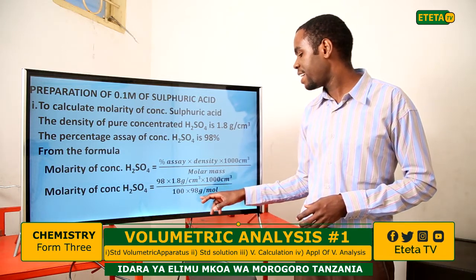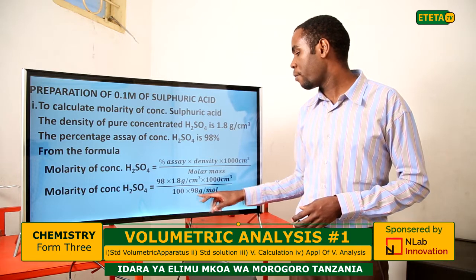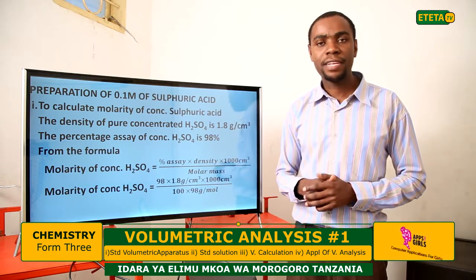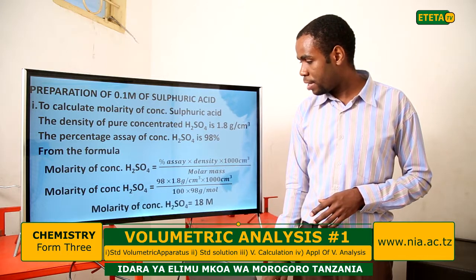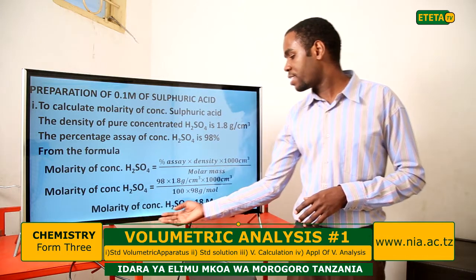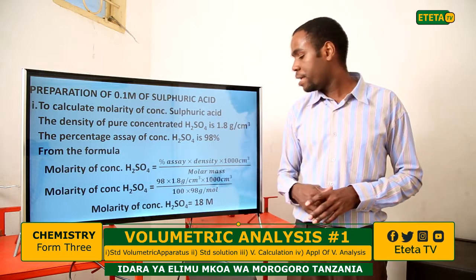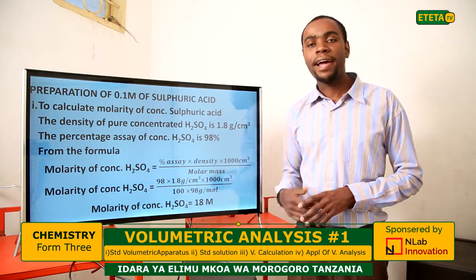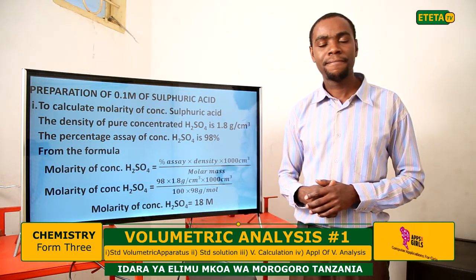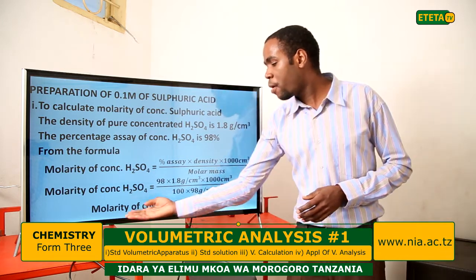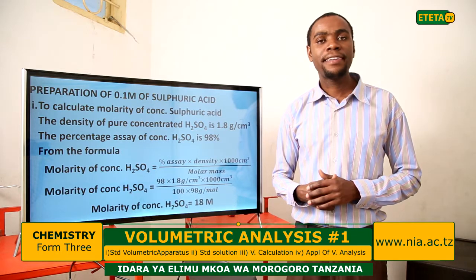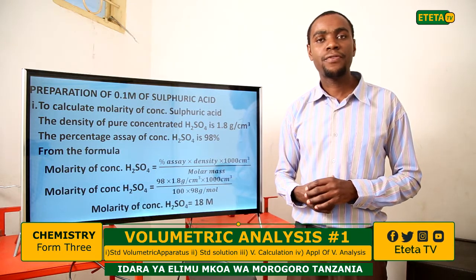We multiply by 98 gram per mole as the molar mass of sulfuric acid. Once you make the calculation, the molarity of concentrated sulfuric acid will be equal to 18 molarity, or 18 mole per decimeter cube. So this is how to calculate the molarity of concentrated sulfuric acid.